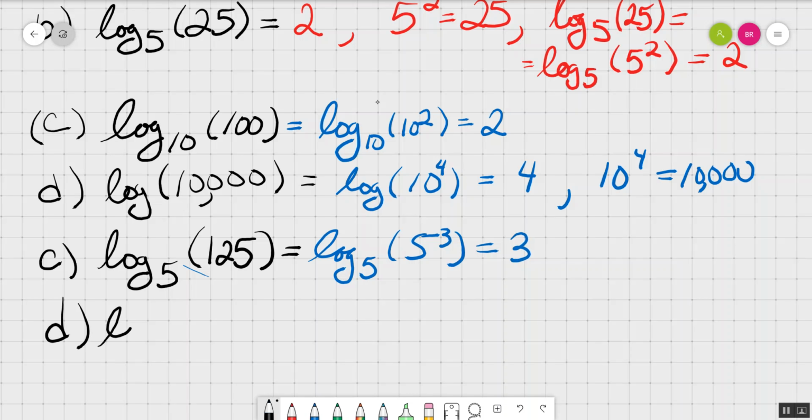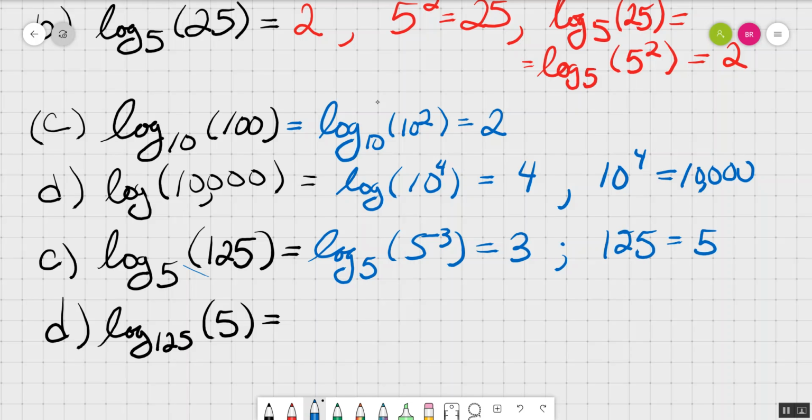Let's do a slightly weirder one. Let's do the log base 125 of 5. When I first saw this one as a student, I was like, oh man, that's a little bit insane. Let's think about this. The reason the top one works is because 125 is 5 cubed. Down here, I want to go the other way. So I essentially want to solve for 5, because that's my input into the log.